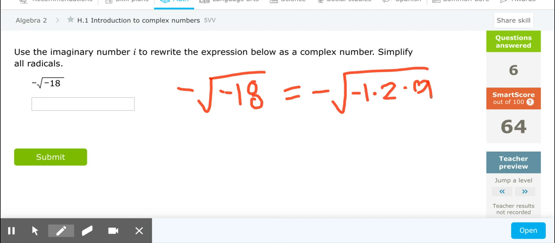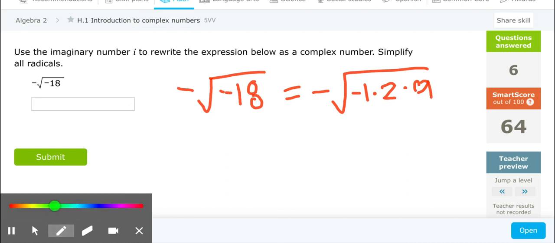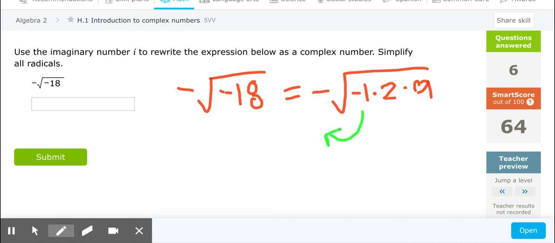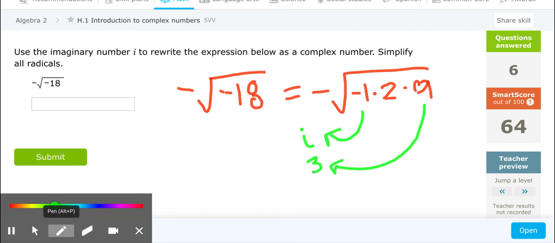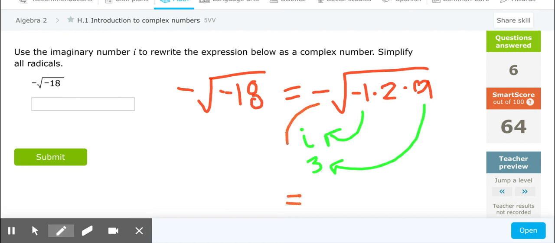Let's see, the square root of negative 1, that's the same as i, so we can bring out an i. Square root of 2, there is no square root of 2, but there is a square root of 9. The square root of 9 is 3. So this is equal to, and let's not make the same mistake as last time. Remember, the negative comes down, so negative 3i times the square root of 2 is the only thing that's left inside.